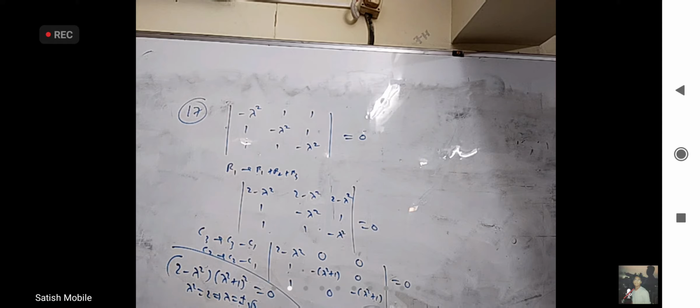So how many distinct values of lambda are there so that they are coplanar? Two values, plus root 2 and minus root 2. Whenever that is 0, they are coplanar. Whenever that is not 0, they are not coplanar. That's it, very simple.